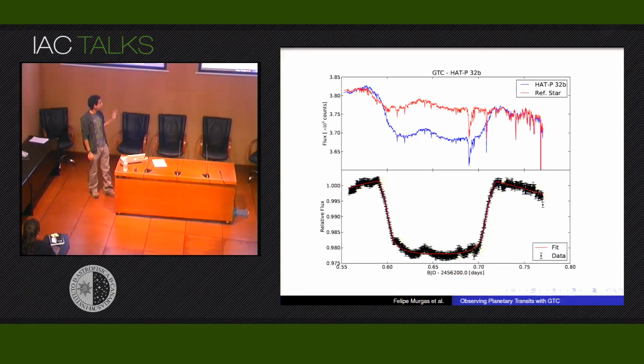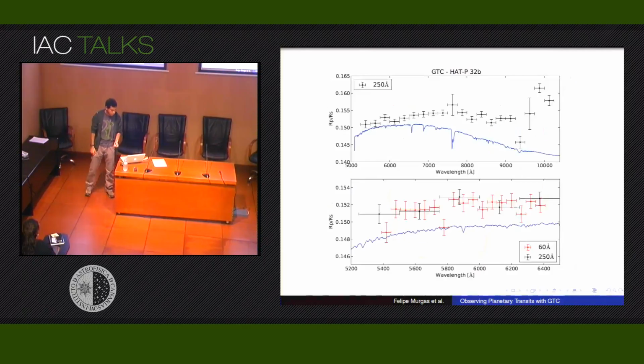Nonetheless, I did a fit to this light curve. I used a quadratic polynomial to model the points outside the transit, together with a transit model. What we can do with this is break the spectra into different filters. In the top panel, you have the transmission spectra of HAT-P-32 with bands with a width of 250 angstrom.